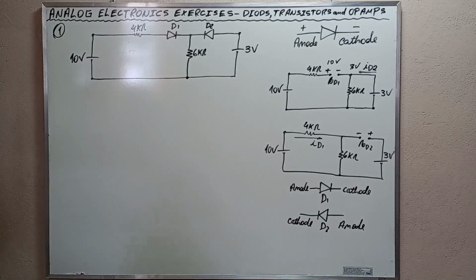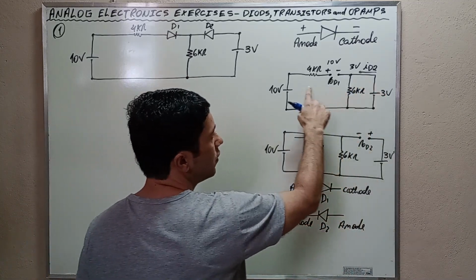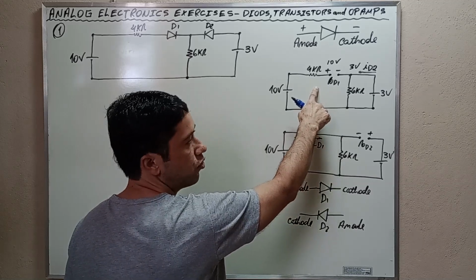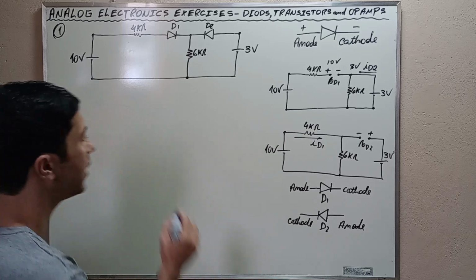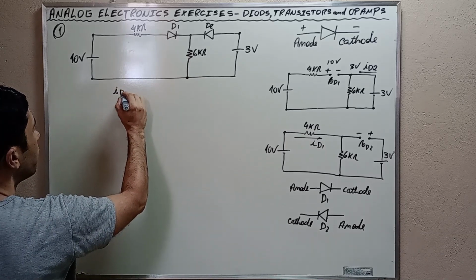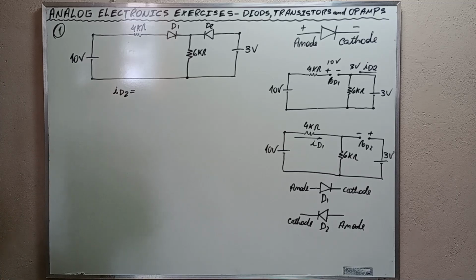Observe that as the left branch is open, ID2 is the only current passing through the 6 kilo ohms resistor.